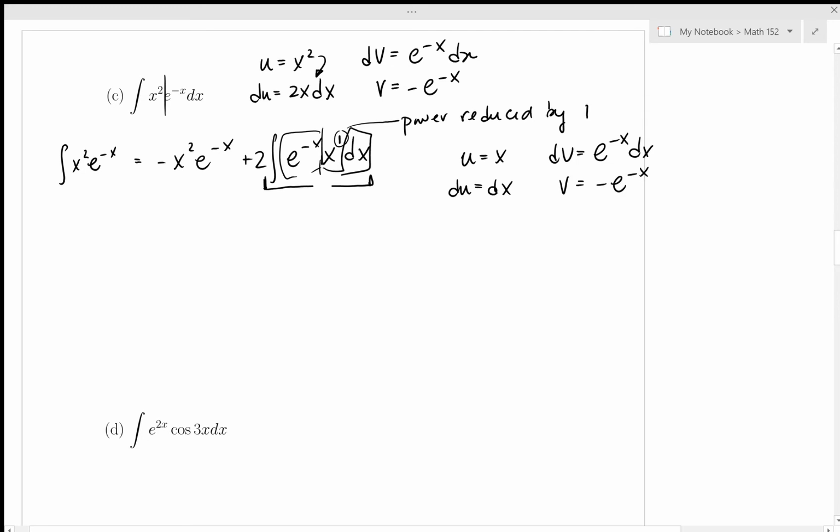Okay, so then I can just talk about this integral for a second, and then I'll put the whole thing together. So now I'm just going to look at this integral here, x e to the minus x dx. That is going to be u times v minus the integral of v du.